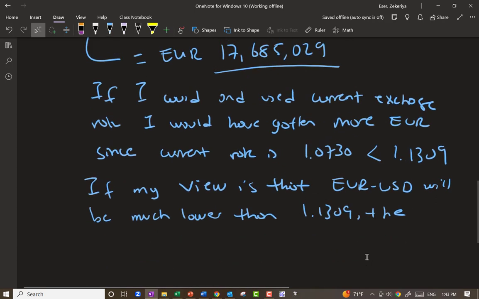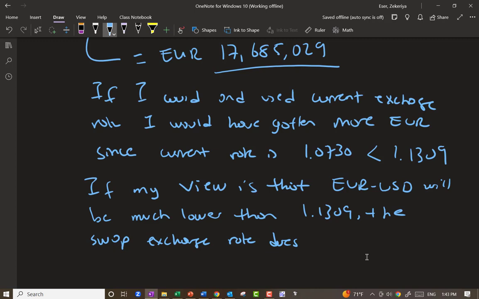The swap exchange rate makes me not very happy, because I'm kind of paying too much. Technically speaking, for pricing purposes, 1.1309 is the fair exchange rate because of the interest rate differentials. US interest rates are much higher.